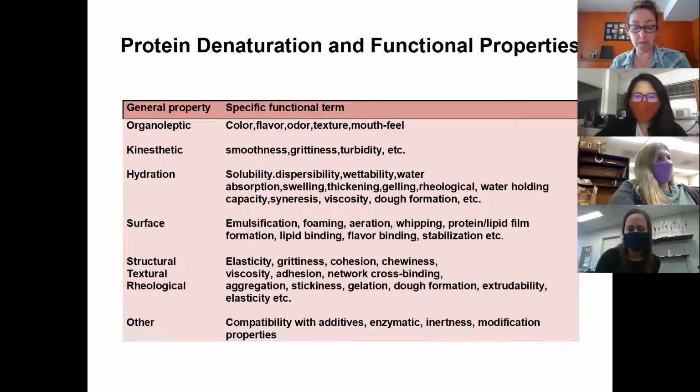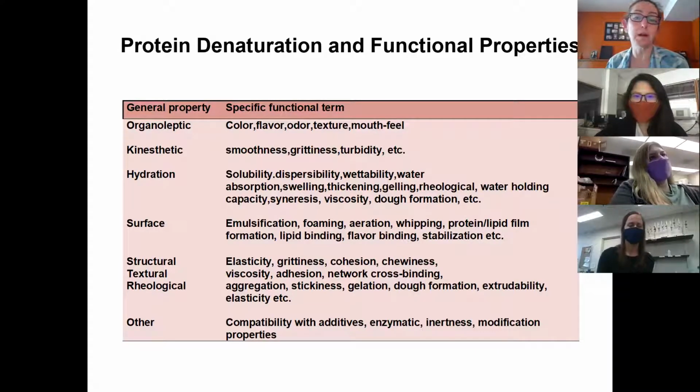This is a table that summarizes general properties and then the specific function term. For example, if we talk about hydration, what do we mean by hydration? Protein-water interaction. So solubility is one functionality related to hydration. Wettability, when you put the powder in water, how easily it gets dispersed and soluble in water.